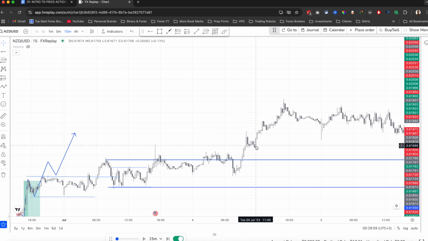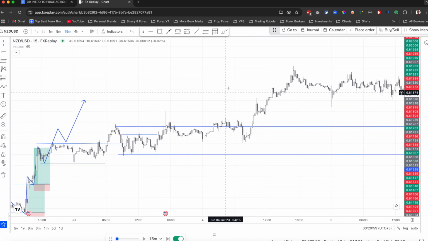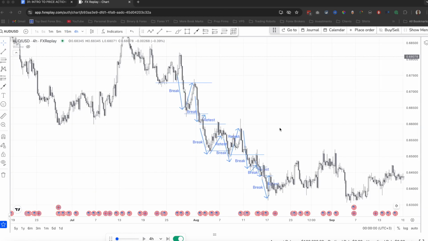Then a breakout and a retest, a breakout and a retest, something that we have discovered here. That is how we trade breakout retest. Now for a downtrend, we see there is a support level here, and then another key level, and so on and so forth.